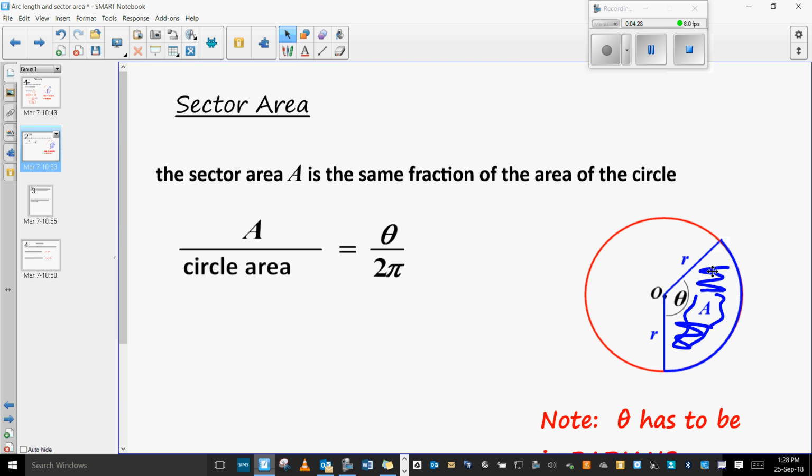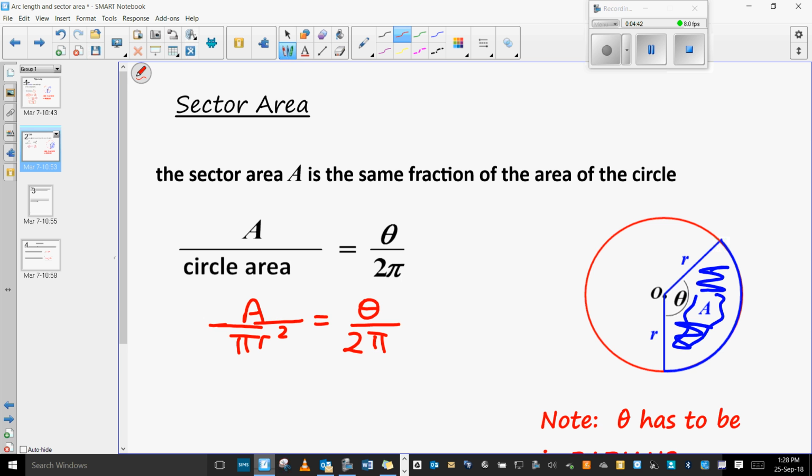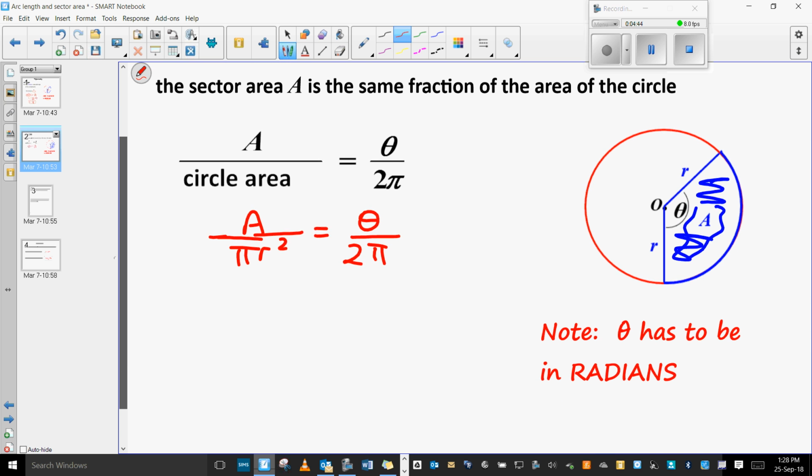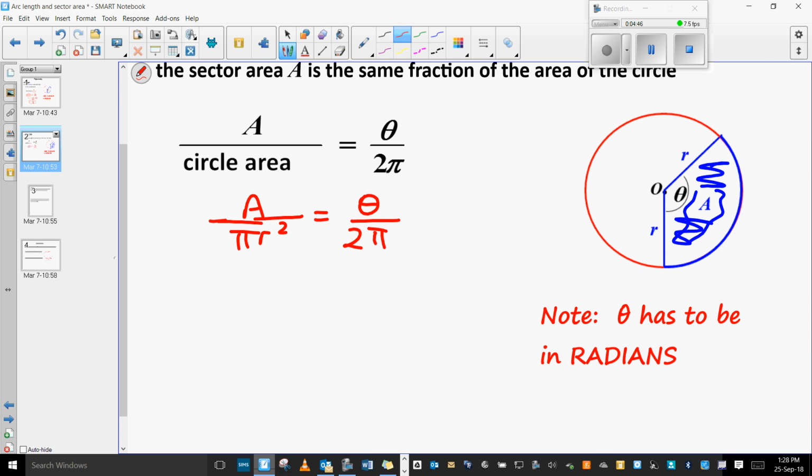What's the formula for the area of a circle? Pi r squared. So we've got A over pi r squared equals theta over 2 pi. Similar thing we did just now.